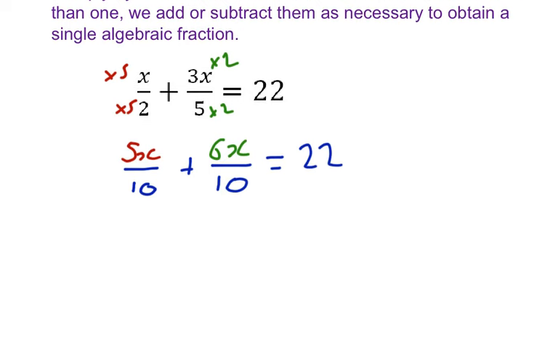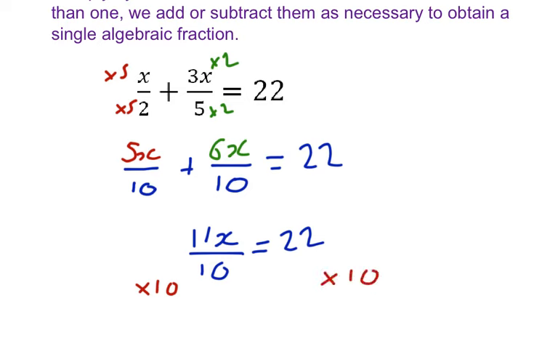At the moment we're just simplifying the fraction by adding it together. Next step is to add those together. Remembering now we have a common denominator, we can just add the tops. So we get 11x over 10 equals 22. And now we can multiply by 10 on both sides, which gives us 11x equals 220.